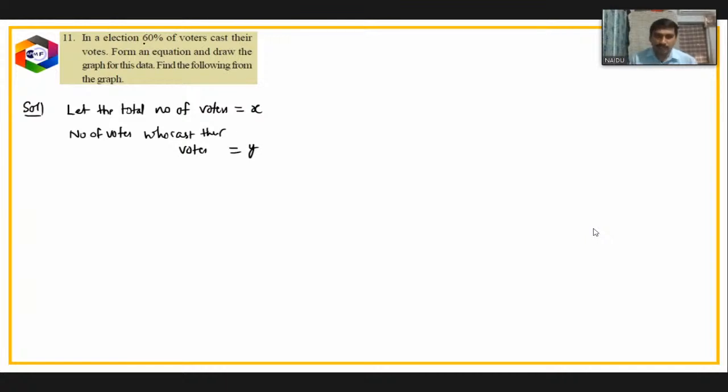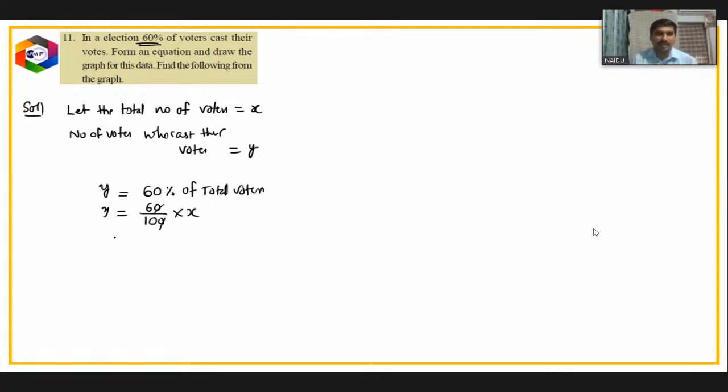As per the question, it is given that 60% of the total voters cast their vote. So the number of voters who cast is 60% of total voters. That is, 60 by 100 of x.